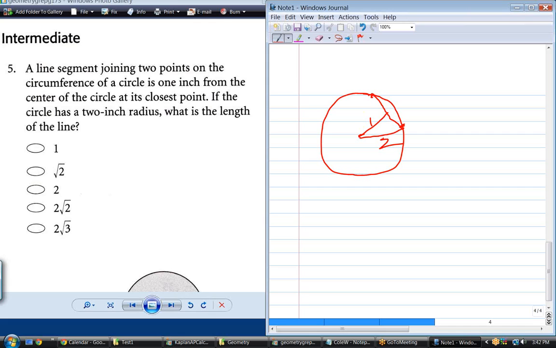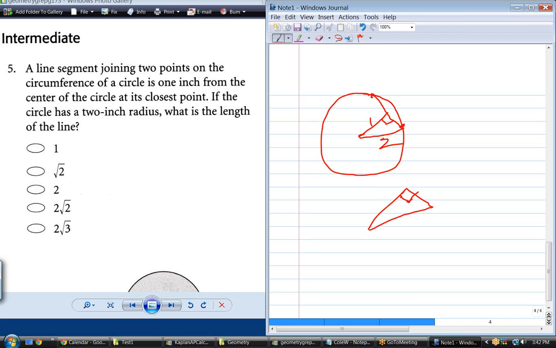There is a theorem in geometry that says that if you take this line segment and connect it to the center, it makes a right angle, and it also bisects this line. So now all I have to do is solve this right triangle.